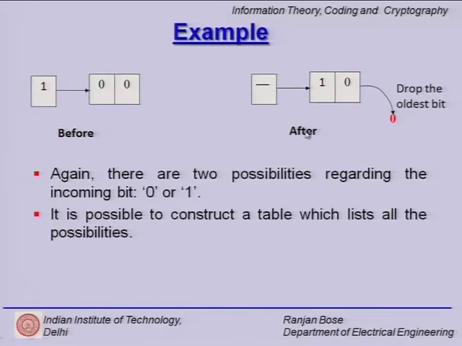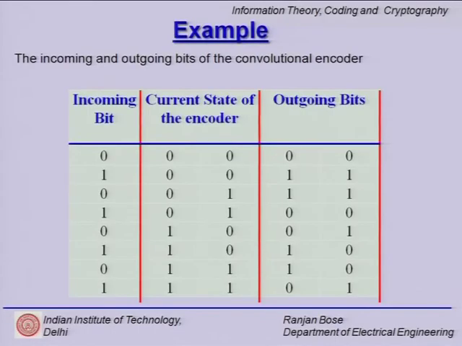So, after shifting in, the 1 has shifted here, the 0 here has shifted here, and the previous 0 has been thrown out, discarded. So, we drop the oldest bit. And we can do so for all possible combinations of input bit and the current state of the encoder. So, we did that example for 0 0. What if the 0 bit comes in?